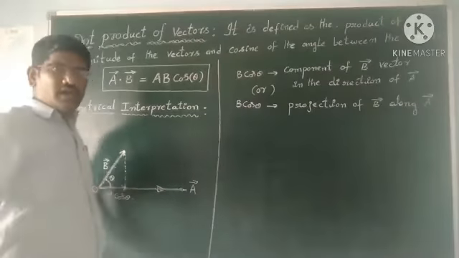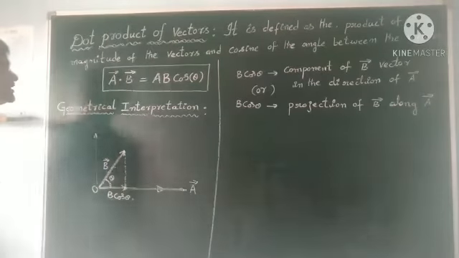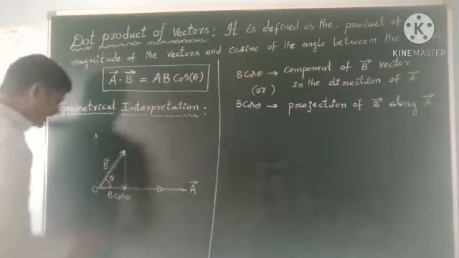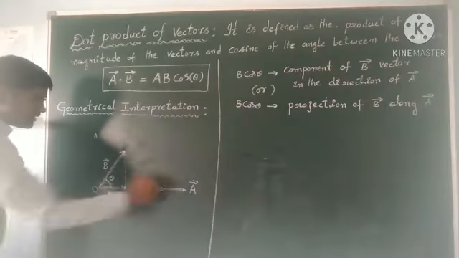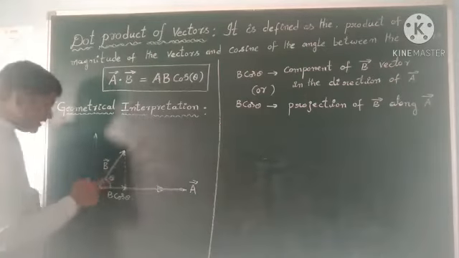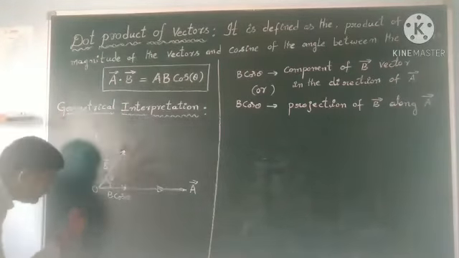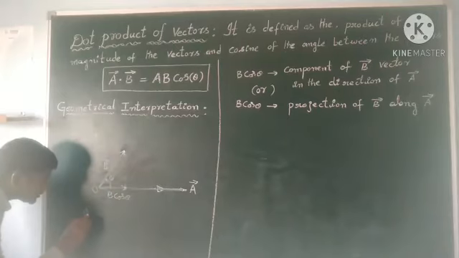Now I want to get its formula. See, the dot product is defined as follows: A bar is a vector and B bar is a vector and the angle between them is theta. Then how are we writing, students?